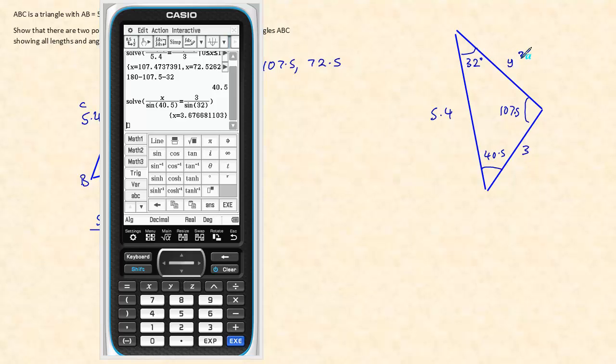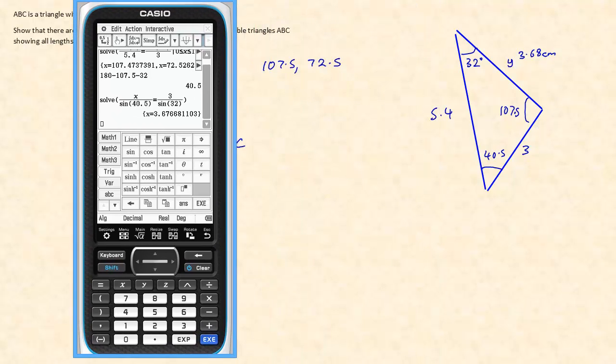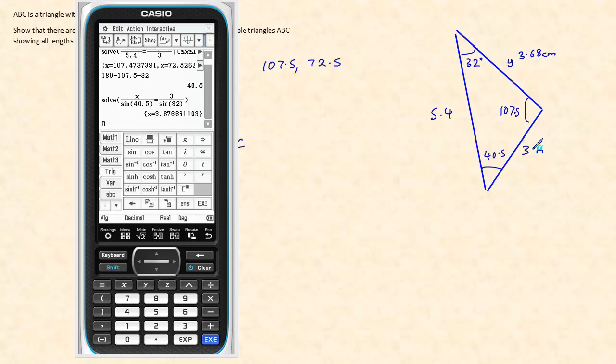So let's say that's 3.68, and all of these were centimeters, I believe. So that's the first triangle.